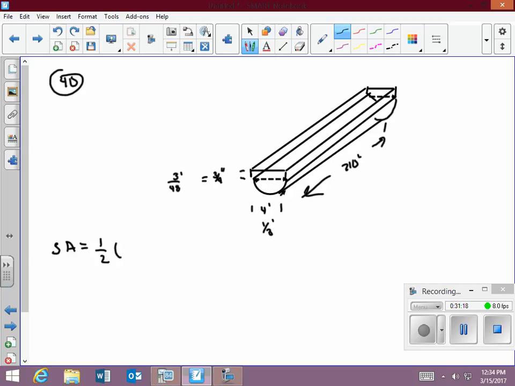And if the radius is that, the diameter is going to be 1/2 of 1/3, right? So the area of the end is going to be pi, do I do 1/6, squared.